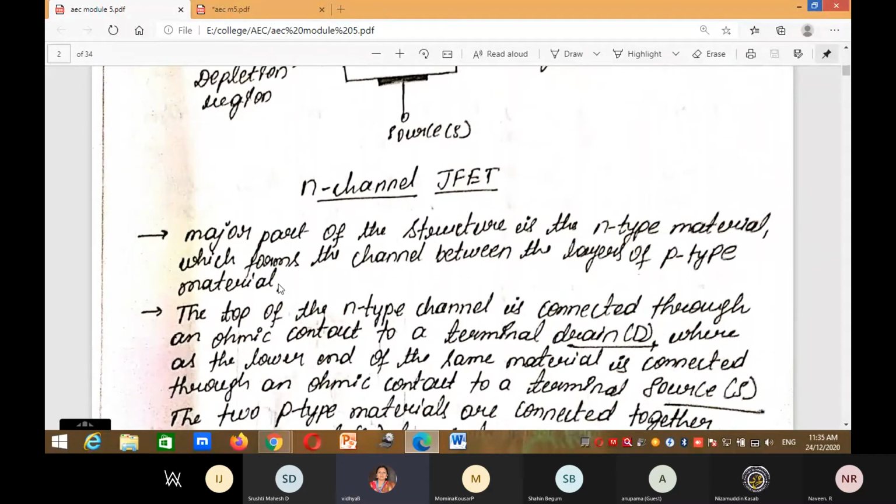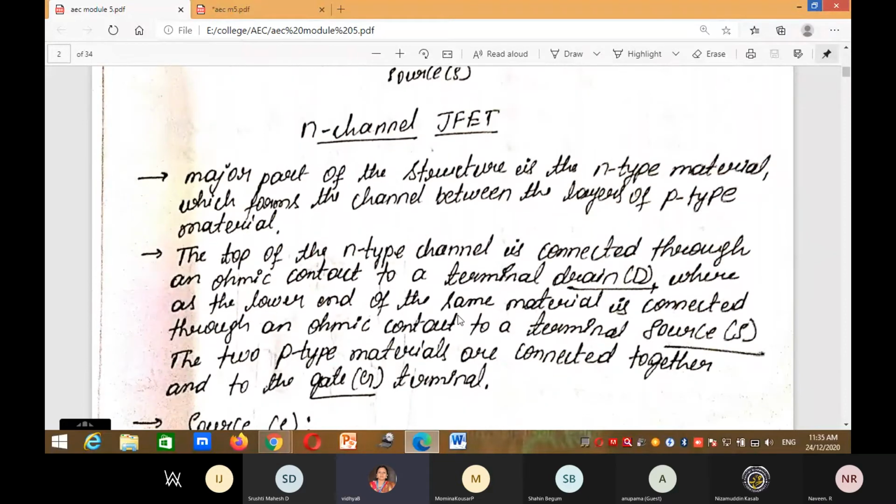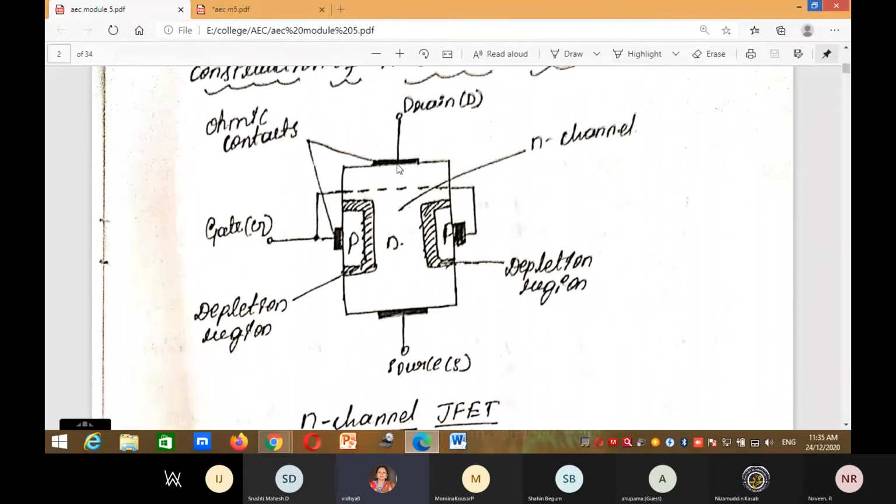N channel JFET. Major part of the structure is N-type material, which forms the channel between the layers of P-type material. The top of the N-type channel is connected through an ohmic contact to a terminal, drain. You can observe it is connected to an ohmic contact next to drain.